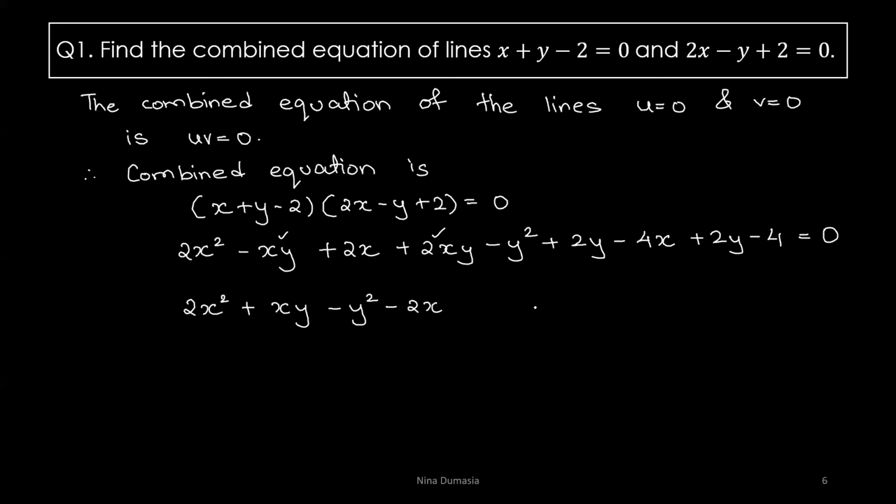Next you write down only y वाला term which is 4y and lastly you write down minus 4 is equal to 0. This is the combined equation of these two lines. Okay, it's easy, right? सिर्फ multiplication करना है. Fine. Let us look at the next question.